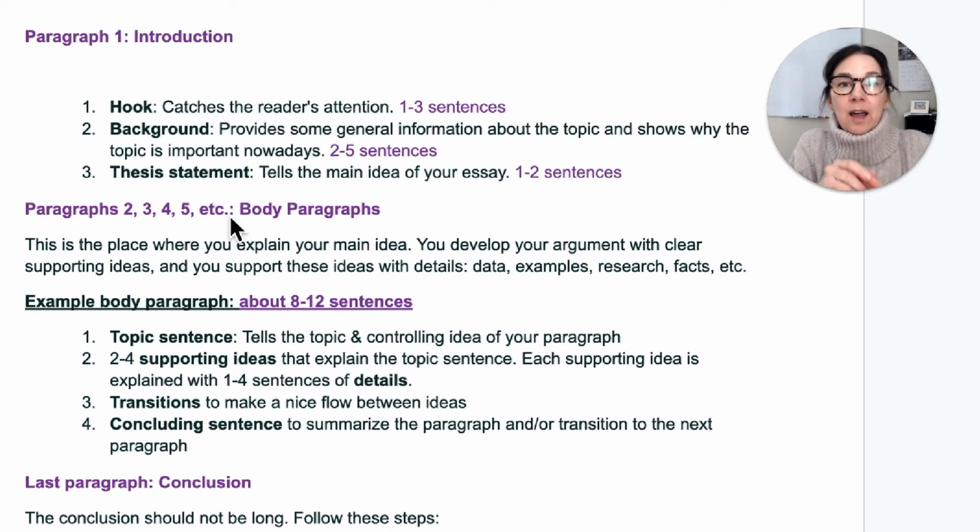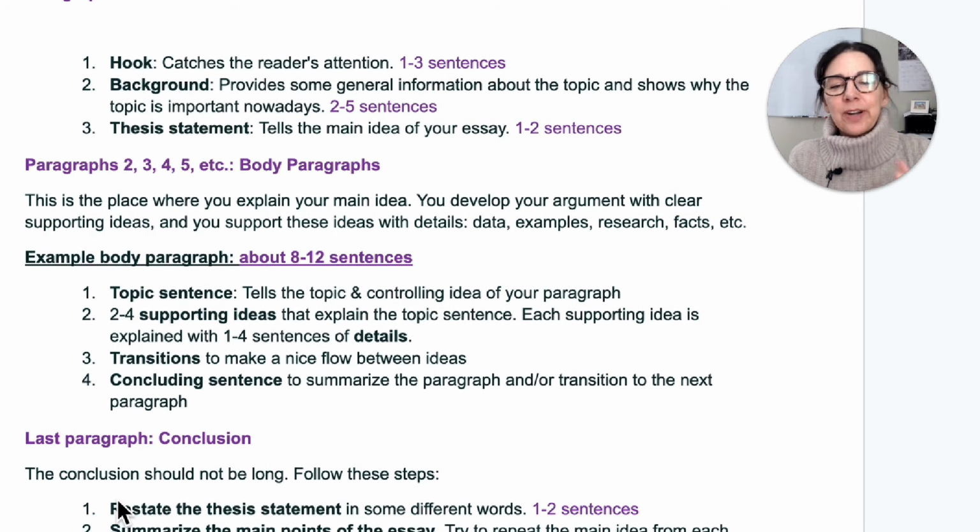Some essays have only 2 body paragraphs. Some have 4, some have 5, some have 10, some have 20. It just depends on how much time you have, what your writing assignment is, and how big is your topic. Okay, but that's usually 3 body paragraphs, but it can be definitely more.